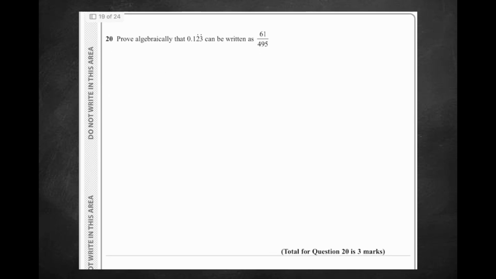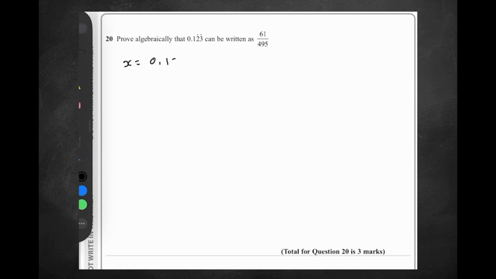Question 20. Prove algebraically that 0.123, which is 0.1 and 2 and 3 recurring, can be written as 61 over 495. So what we're going to do here is say x equals 0.123 recurring.